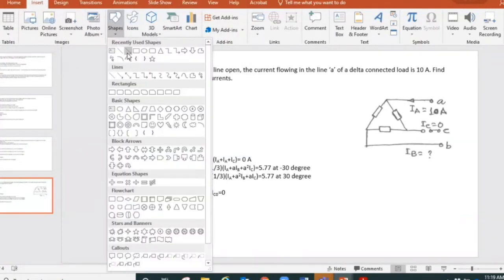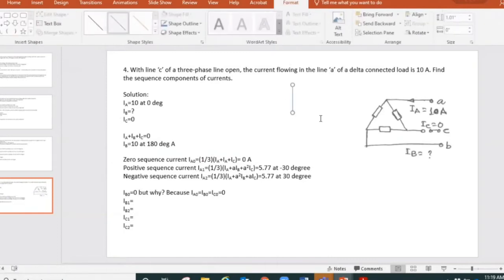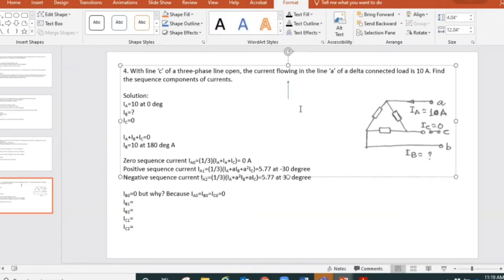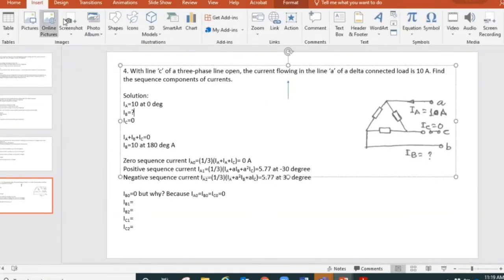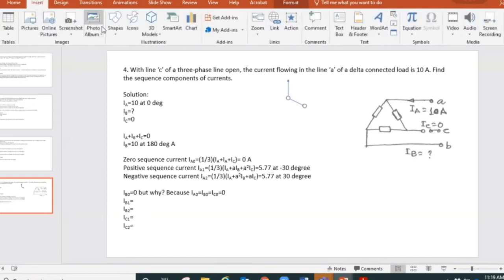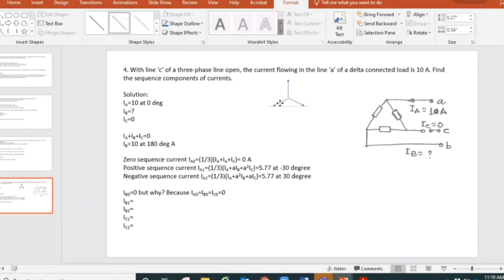So I'm drawing it. Let me rotate it. So this is IA, and let me put another one for IB, and another one for IC. It's not to scale, don't worry about that.